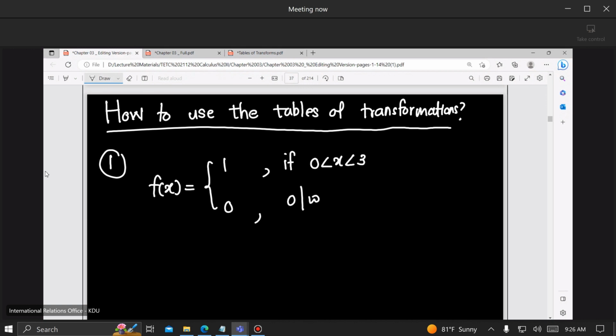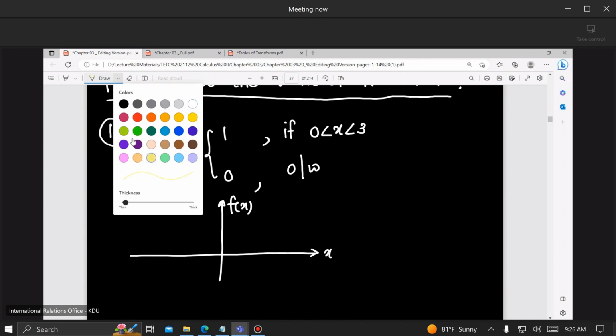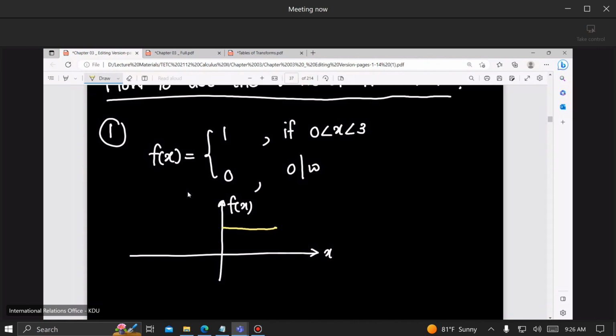If you are asked to draw the graph of the function, this is our f of x axis and this is the x axis. The value of the function is equal to 1 when the value of x is from 0 to 3, and it is 0 for all other cases. So this is the graph of the function.